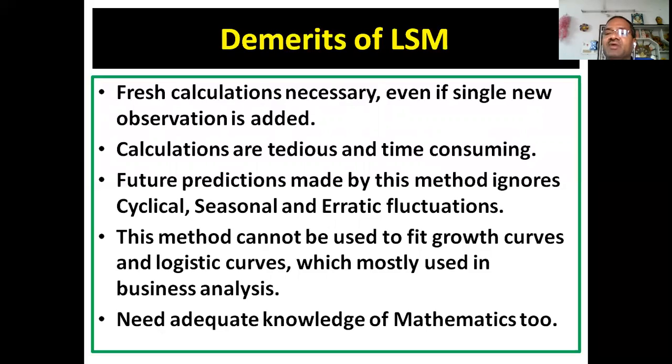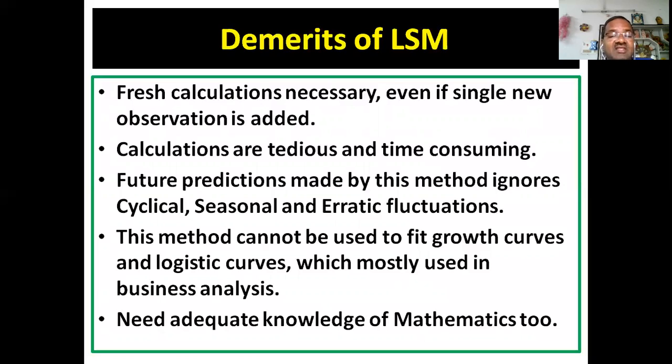For example, today all the people on the globe are suffering with the corona pandemic. It has caused the most erratic fluctuation and has affected almost all sectors. So in the least square method also, these things are not considered while anticipating the trend values.